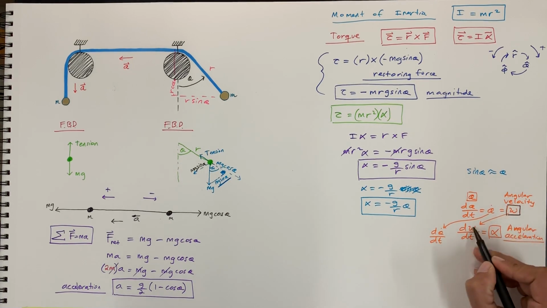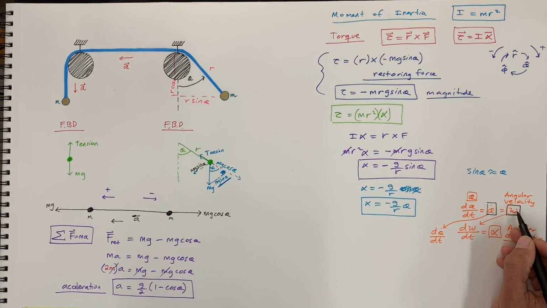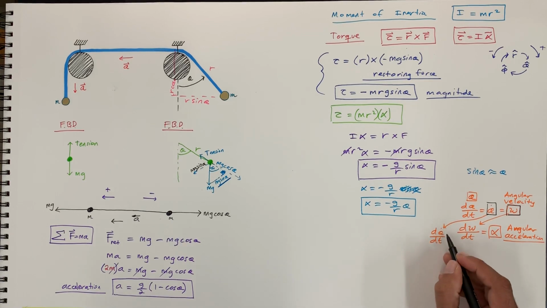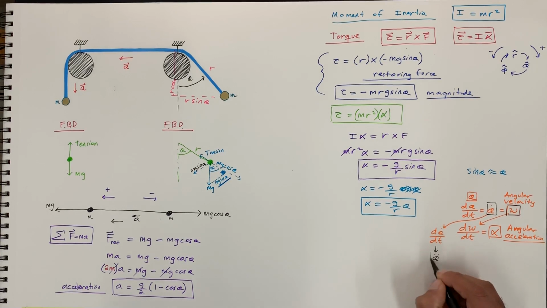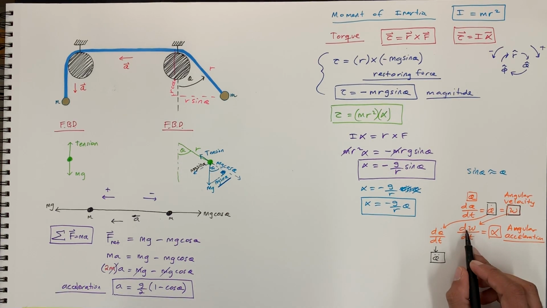So we have omega and we're taking the derivative of it with respect to t, and that gives us alpha. Now if we take the derivative of theta dot, which is the same thing as omega, we're going to get theta double dot. So this theta double dot is the same thing as alpha, which is the same thing as the derivative of omega. See if that makes sense to you.